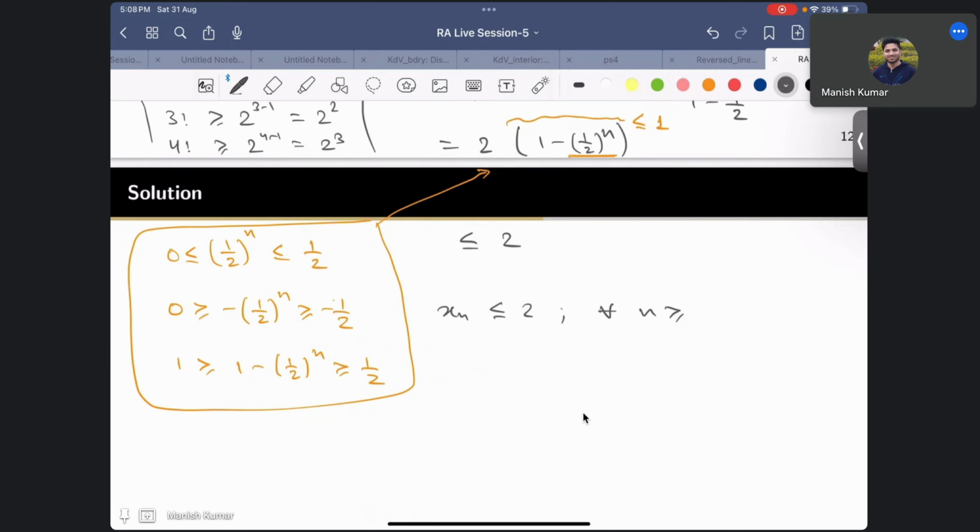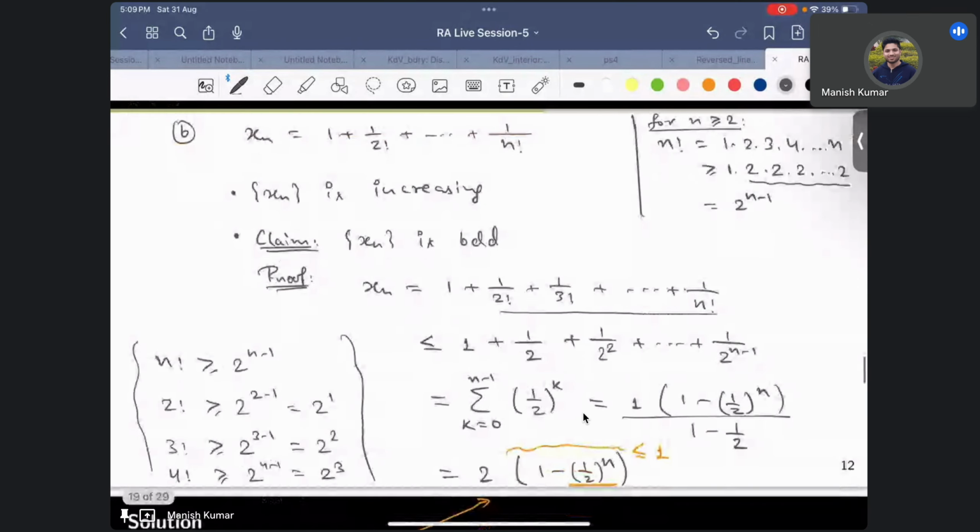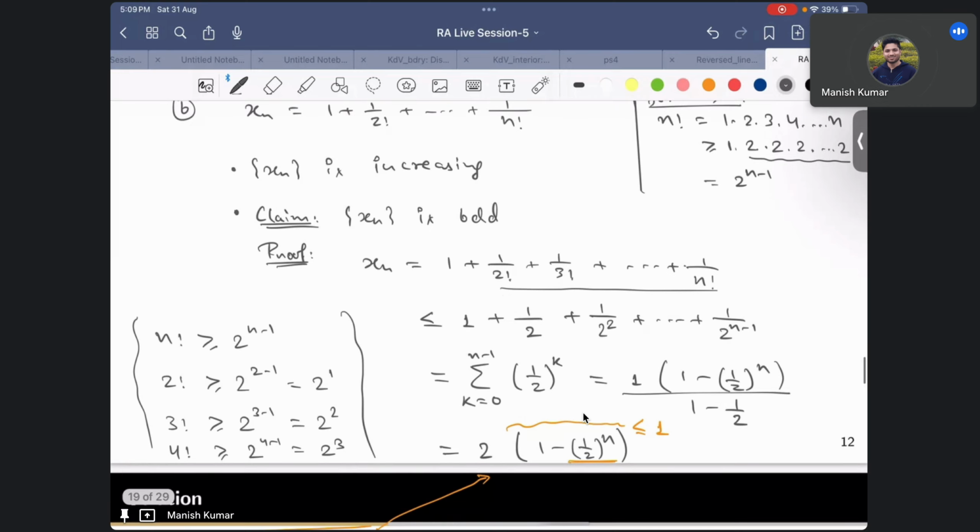So I can write this line, and this tells me that the sequence xn is bounded. Okay, so we have got a bounded sequence which is increasing. So again, by monotone convergence theorem, we can say that this sequence xn is convergent.